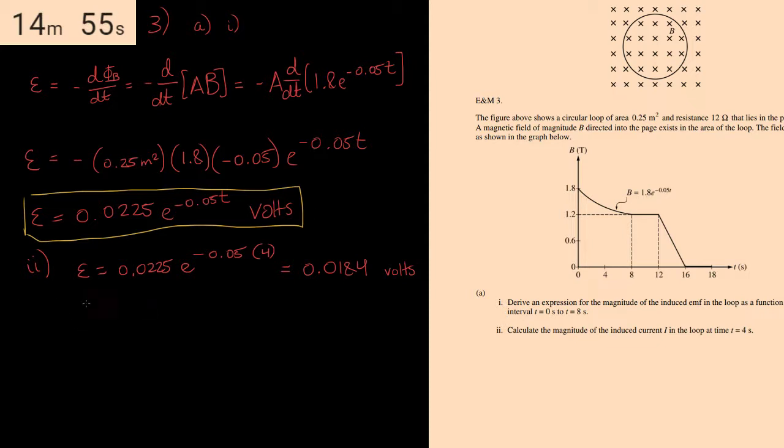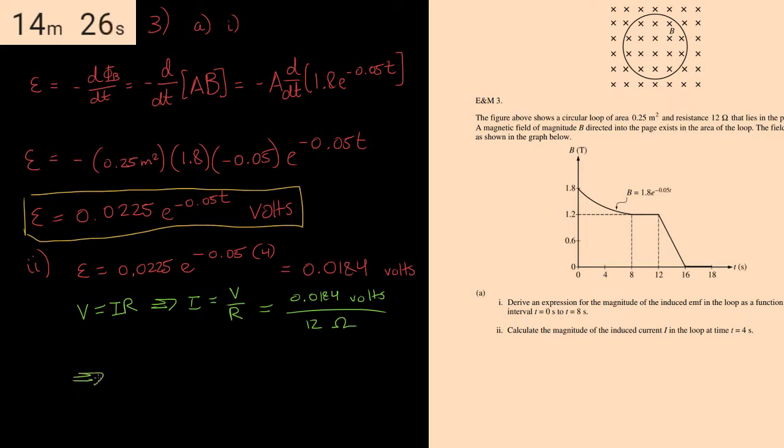So if we recall Ohm's law, we have that V equals IR, favorite equation ever. So if we divide both sides by R, current is equal to the voltage, which we just helpfully calculated, divided by resistance, which we are told is 12 ohms. So the actual answer is going to be what we just found, this many volts, divided by 12 ohms.